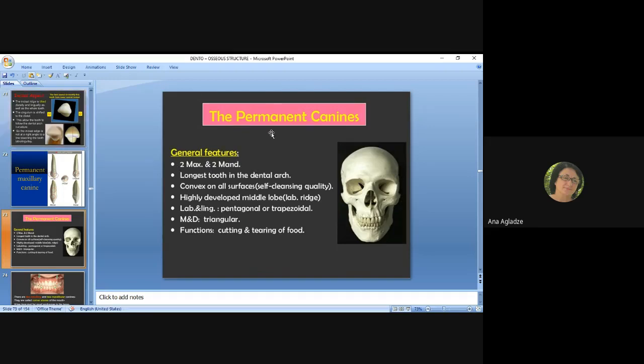Yes, central features. These are permanent canines, and central features are that they are the longest tooth in the dental arch, convex on all surfaces, with a highly developed middle lobe, and they are pentagonal or trapezoidal, triangular, and function is cutting and tearing of food.